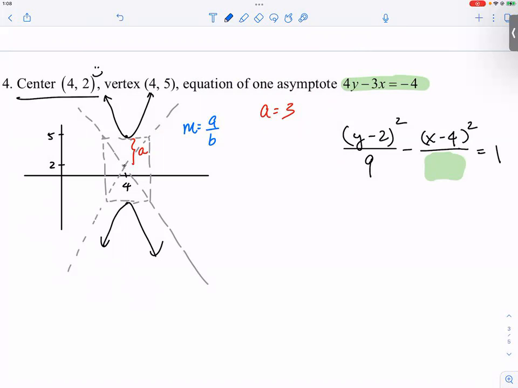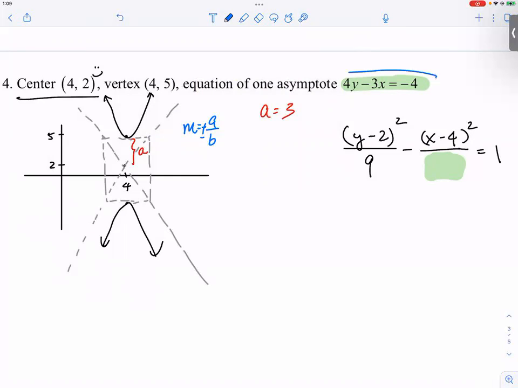Anyone who memorizes the slope makes a very stupid move because you can get it from a diagram. If you memorize it, that means you don't care where it came from, and that's dangerous. So you know the slope is plus or minus A over B for the two asymptotes.